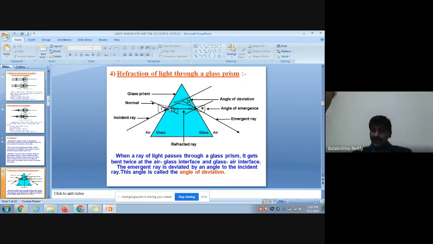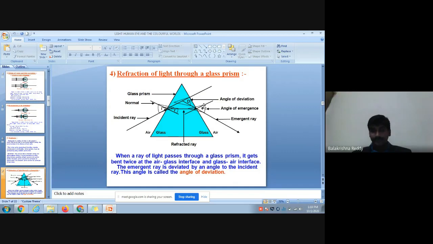Then this light ray passes through the prism, and again it faces a second refraction at the second interface of the glass and air medium. So again this light ray is supposed to go out. Due to refraction, it is bending by changing the medium. Here it is not bending towards the normal, it is bending away from the normal.